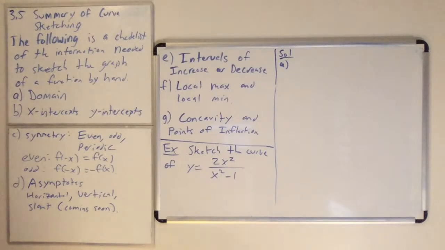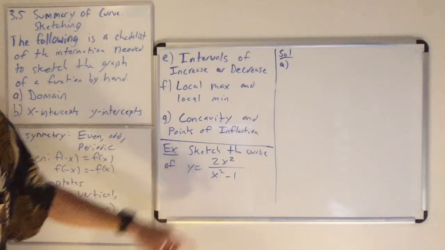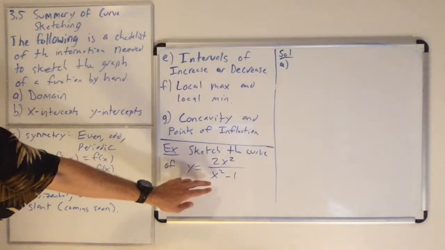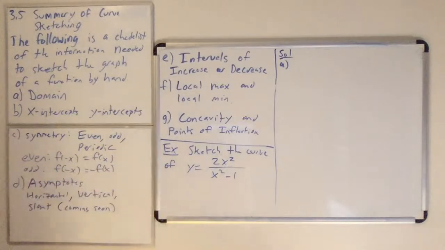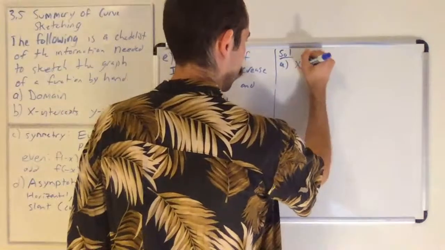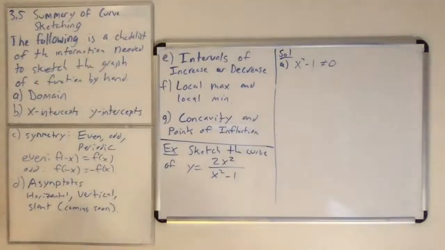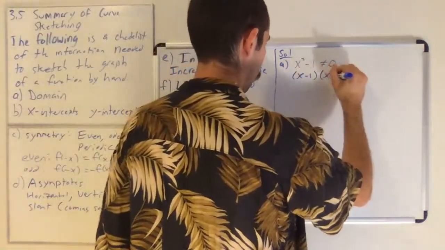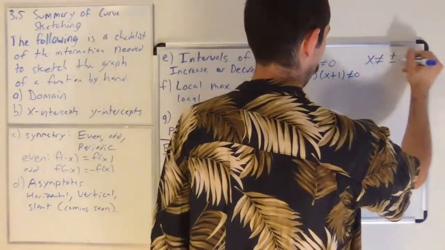Okay, all numbers except for 1. What about -1 as well? Yeah, so our domain here, we have a rational function. We can't divide by 0. So we'll take our denominator and say that it's not equal to 0. And then we could factor this. And so we have x is not equal to plus or minus 1.